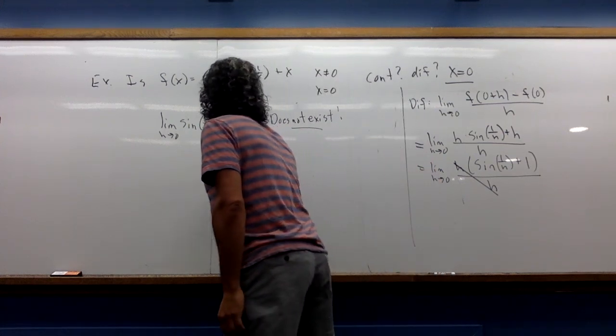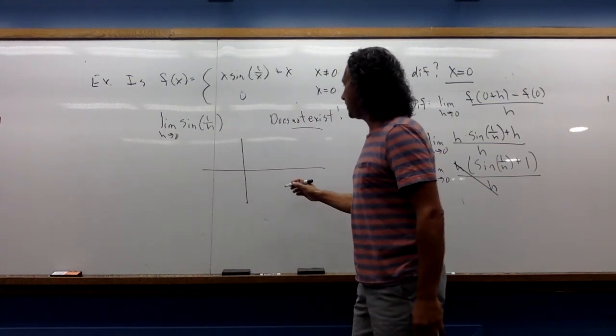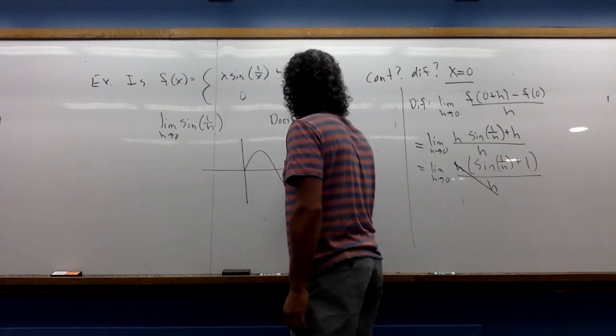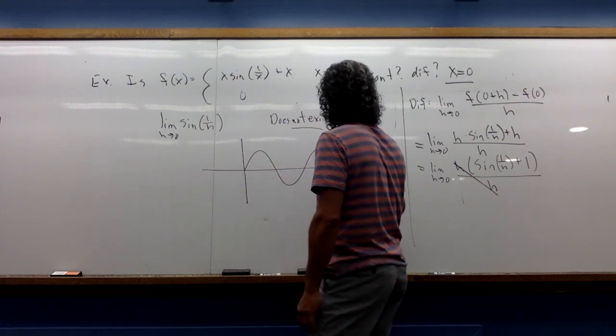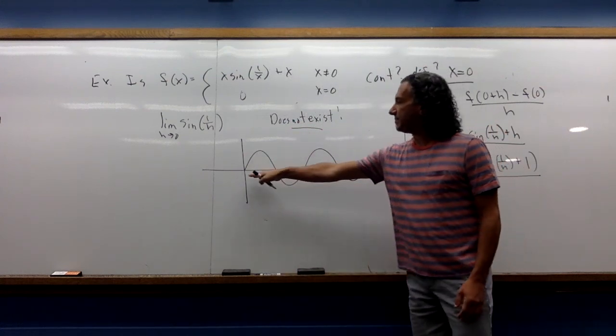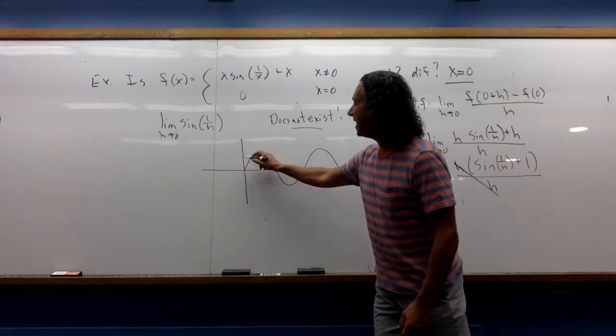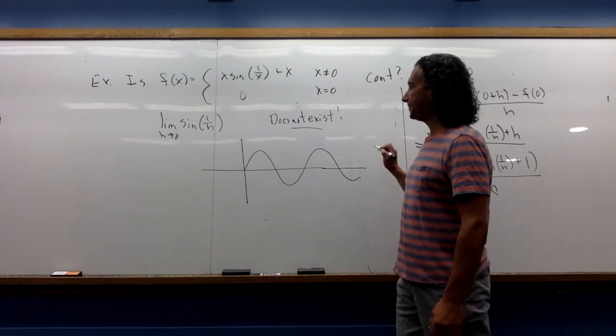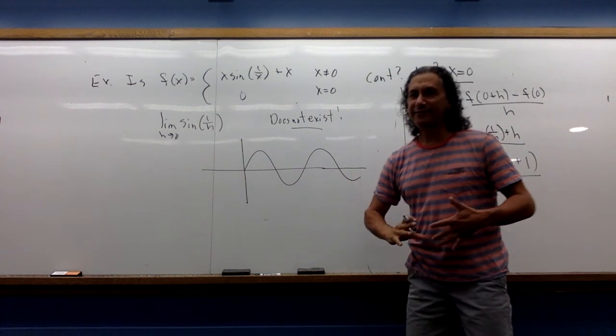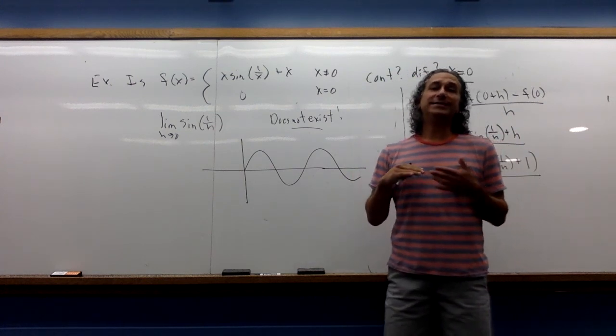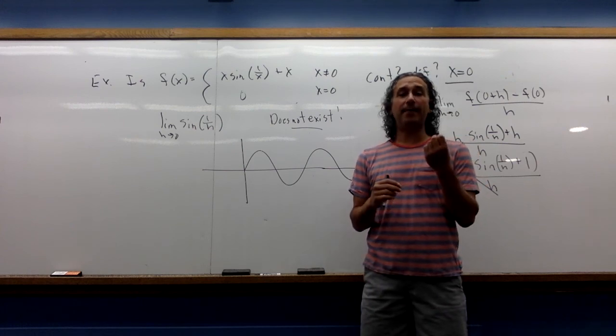Let me actually draw the picture. So the sine function is going to do this as my axis zips off to infinity. So it's never settling down to anything. So this limit is not infinite, but it also does not exist because it's not a finite number.